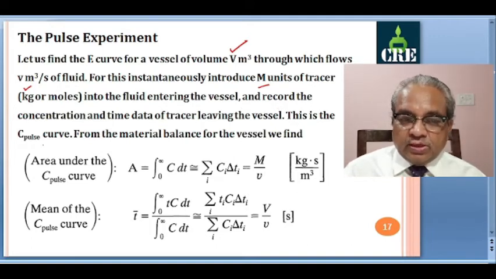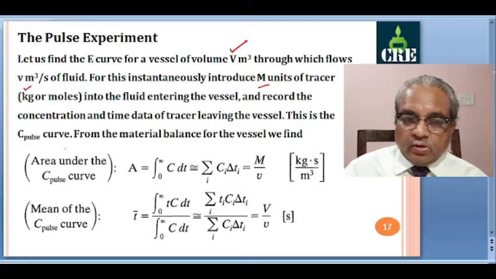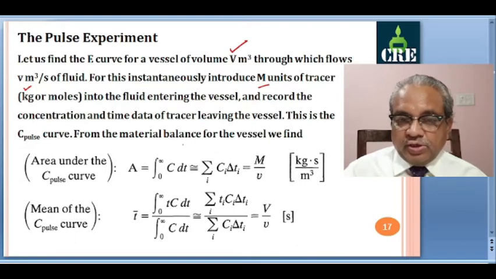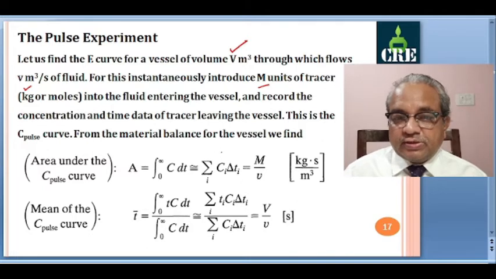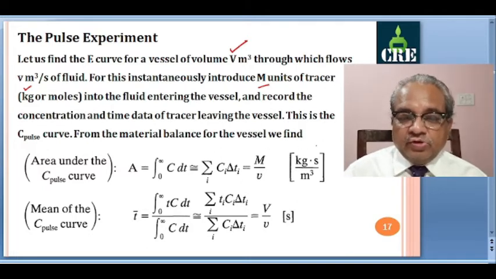So if you inject the tracer at the entrance, after some time it will come out, and the distribution will be recorded in terms of the concentration of the tracer leaving the vessel. For this, in the laboratories, some color indicator is used.